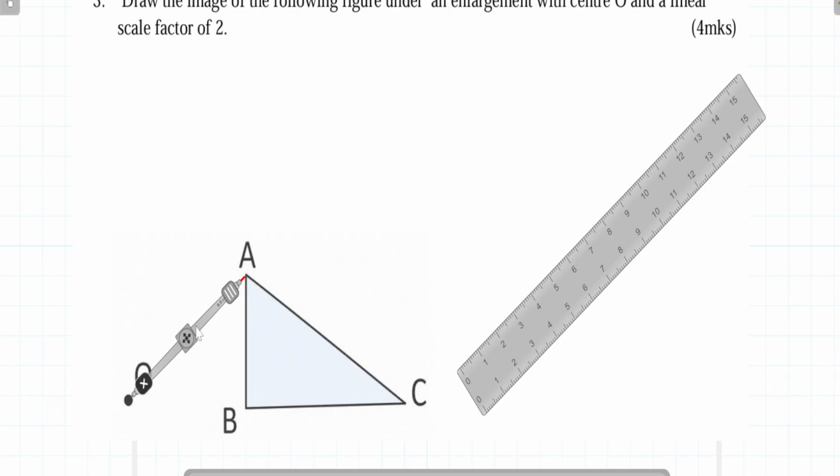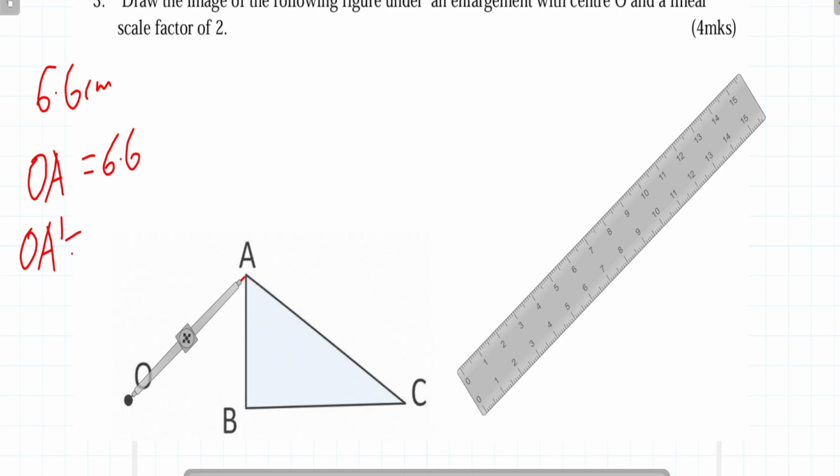So from here to here is 6.6. The scale factor is times 2. So 6.6 is from the center of enlargement to the object, that is OA. Image over object, so OA prime will be times 2 of that. 6.6 times 2 is 13.2.